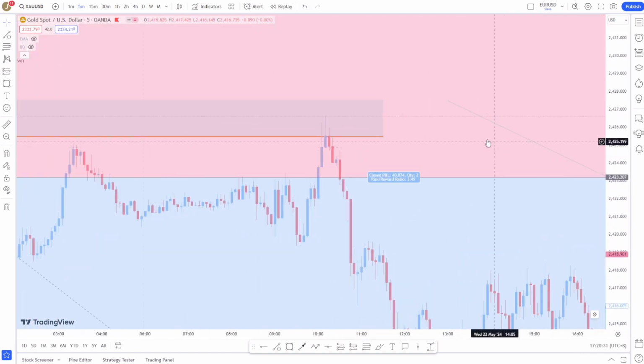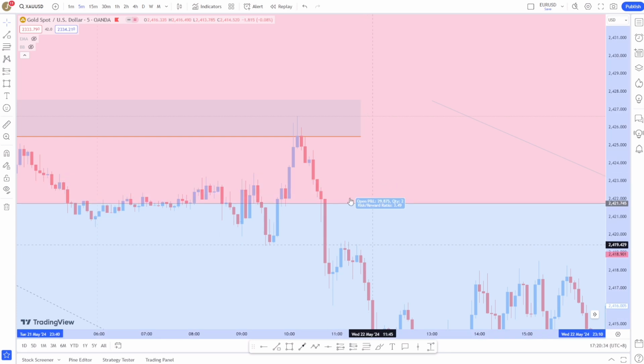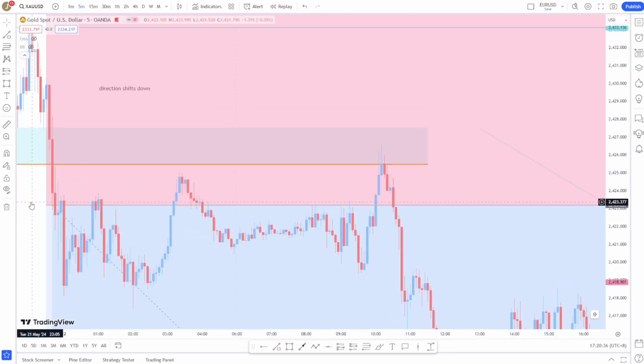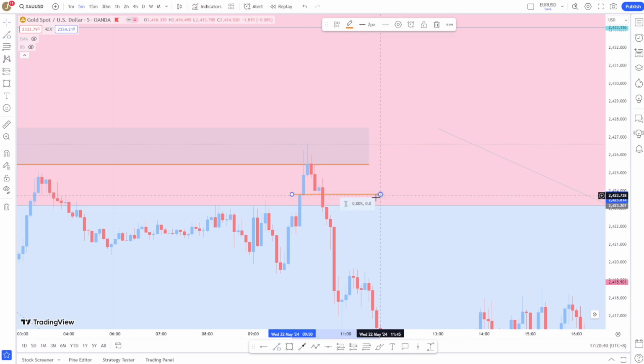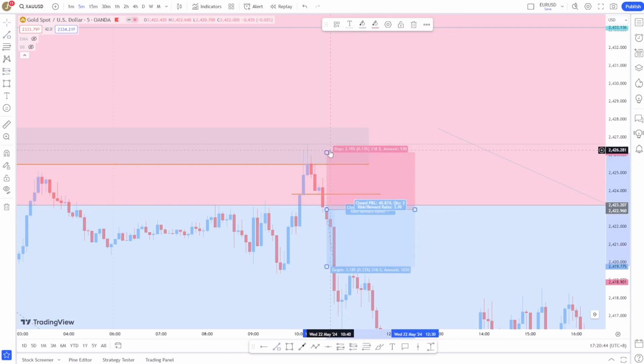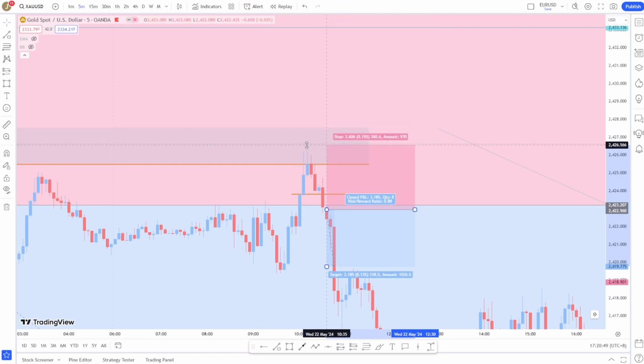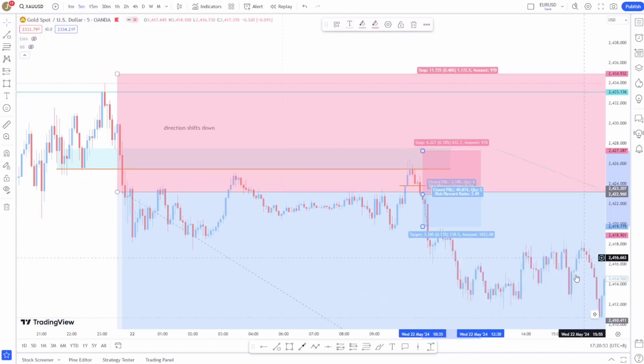Here, 5 minute. What can you see? When did price start shifting bearish? At this exact moment, breaking off support. Enter the trade here. Stop loss above here, you see, 36 pips. You just give it a bit of room for the 3 pips.